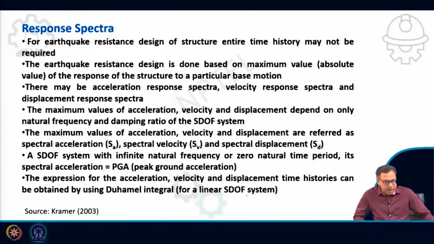Here I have used a simple harmonic type of base acceleration, and I will get the expression for displacement. Okay. Now, if you have a real earthquake type of loading, or any arbitrary loading, you can get the response by using the Duhamel integral that I have discussed.